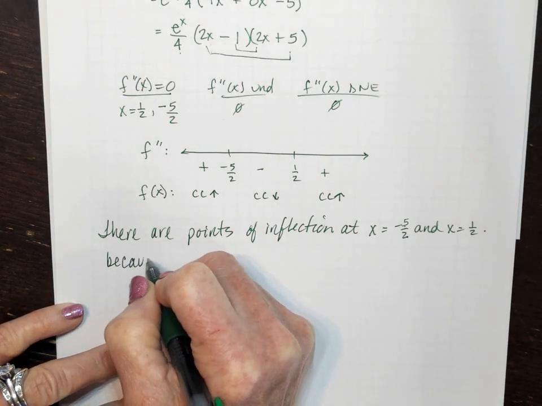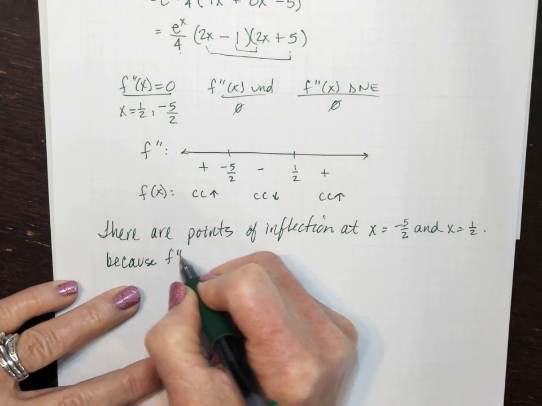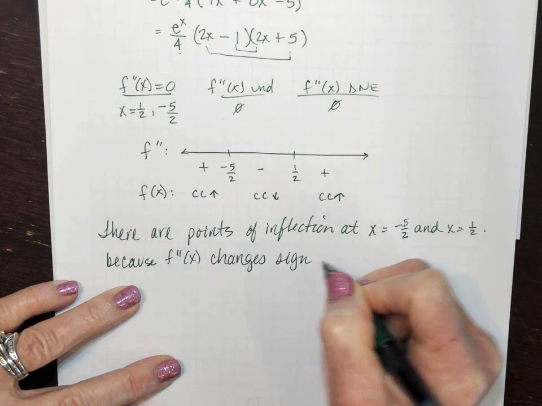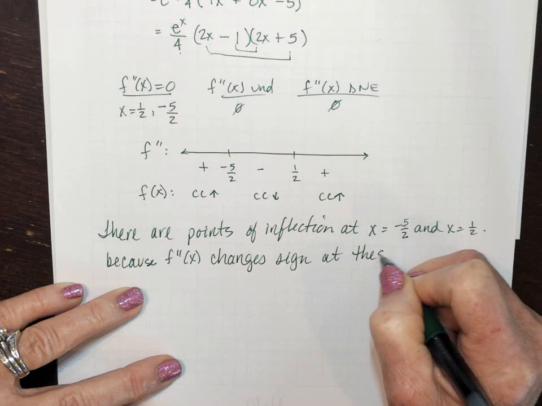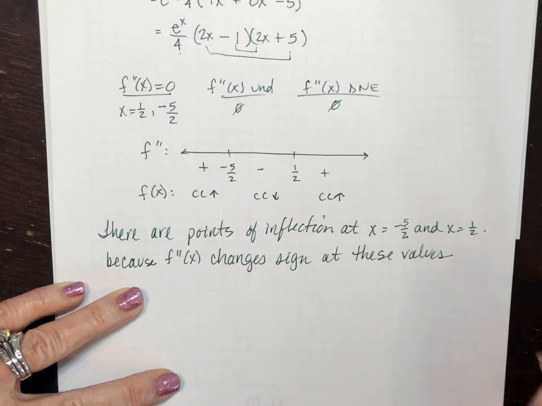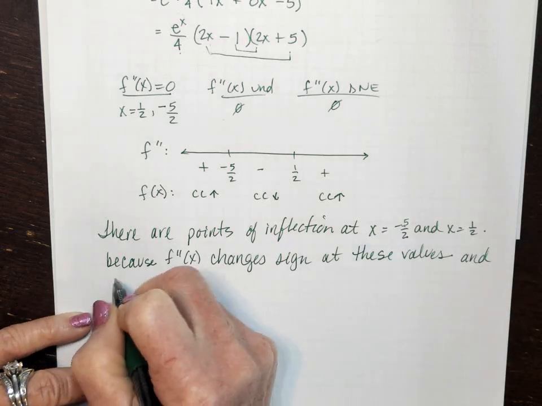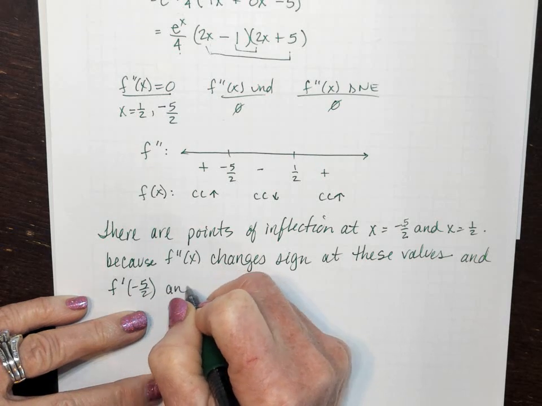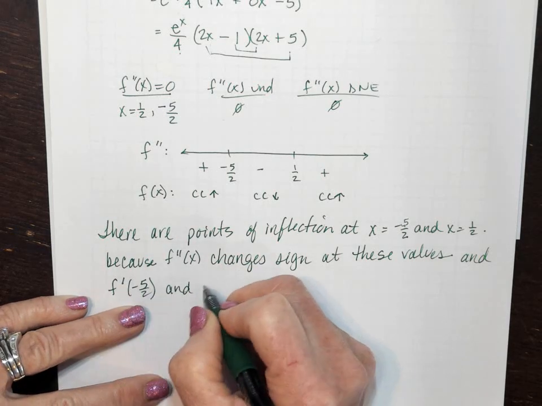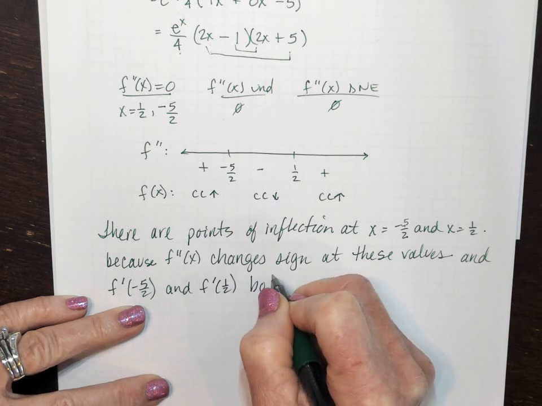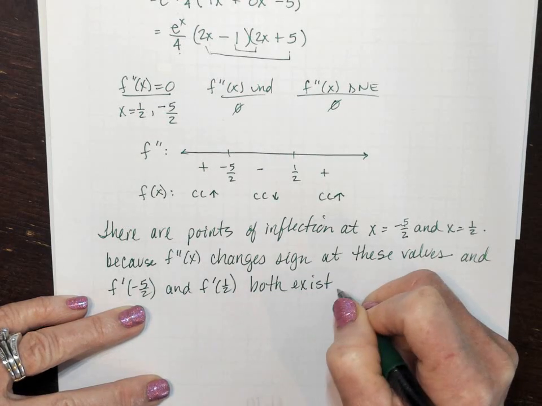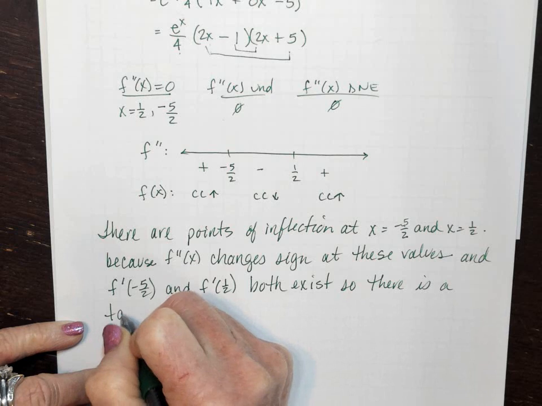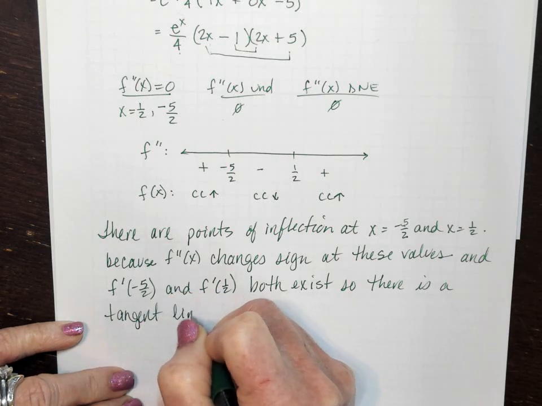Because there, f double prime of x changes sign at these values, and f prime of negative 5/2 exists. Let's write those. So f prime at negative 5/2 and f prime at a half both exist. So there is a tangent line at each point.